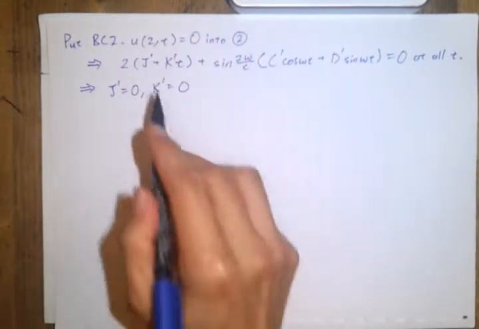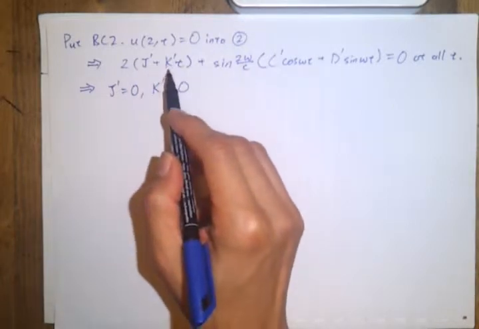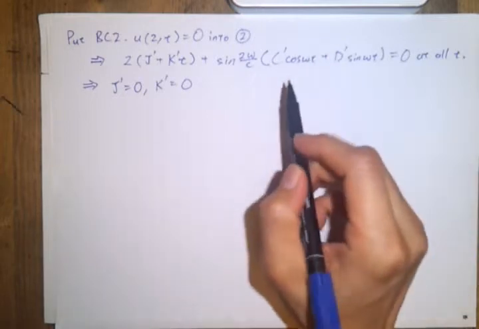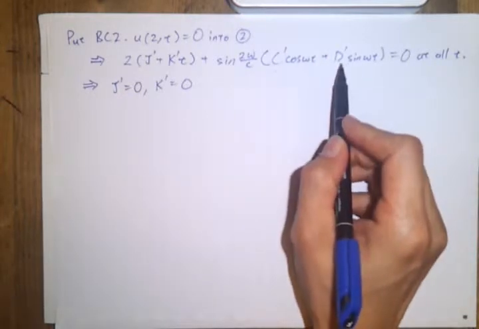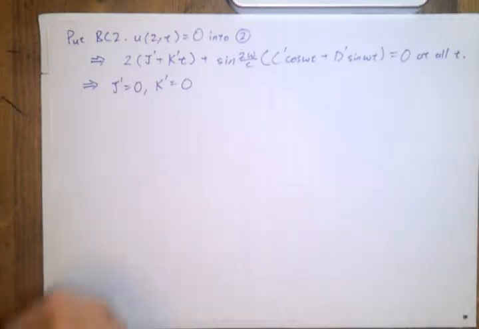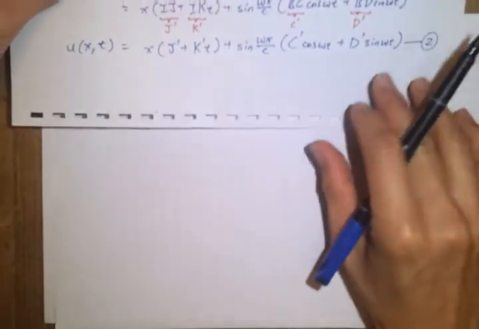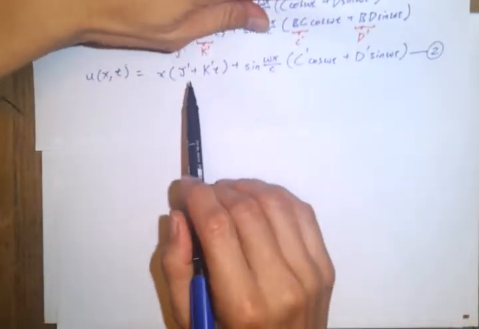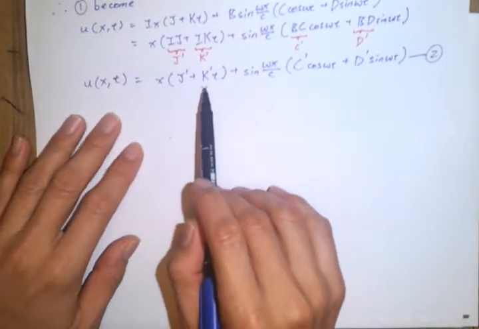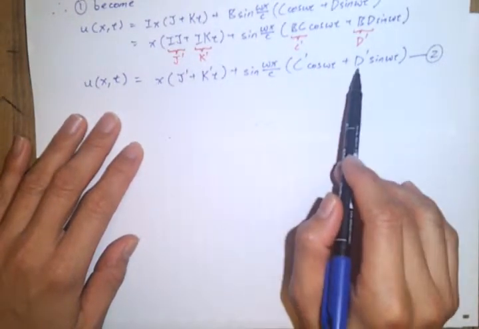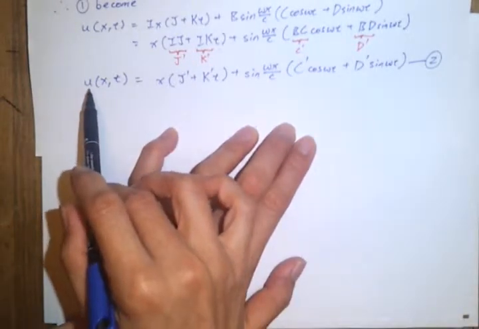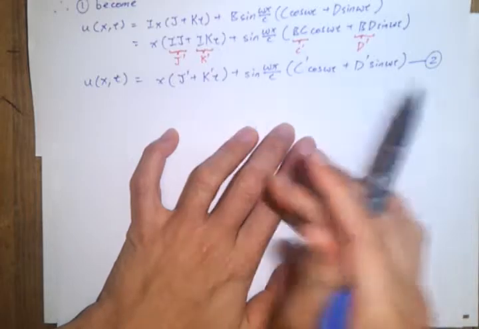So your j prime and k prime are equal to 0 already. Now to make this term 0, you can make c prime equal to 0 and d prime equal to 0 as well. But if you do that, you can take a look at the solution you have obtained so far. If j prime is 0, k prime is 0, and c prime and d prime are also 0, again you end up with your solution u being 0. That's again not what we want.